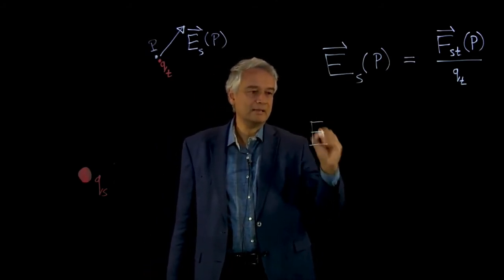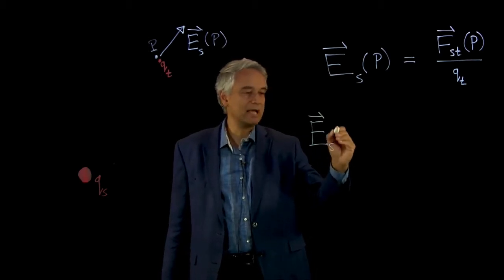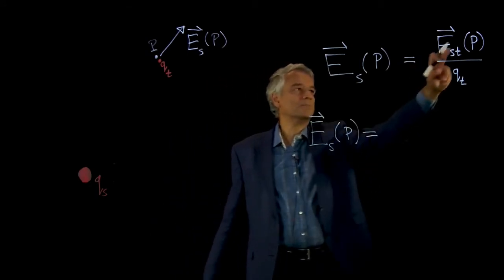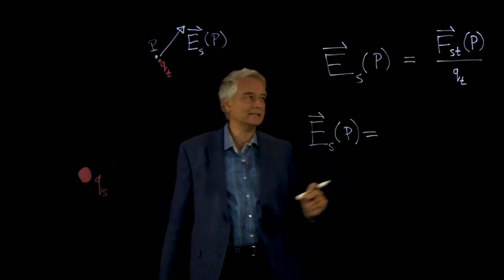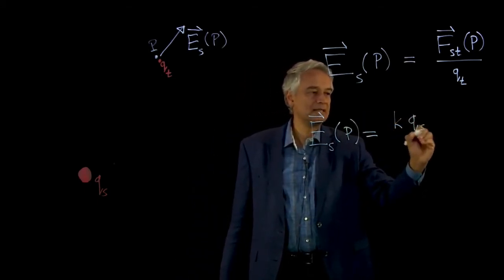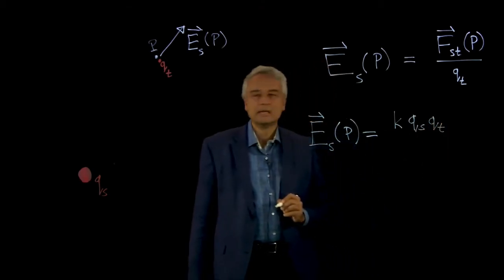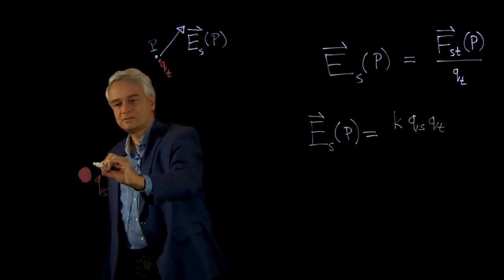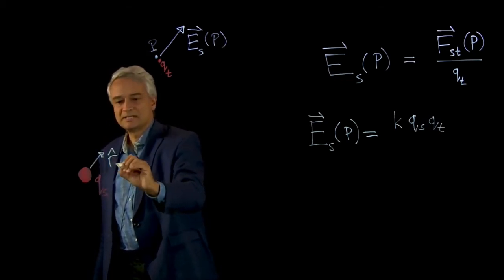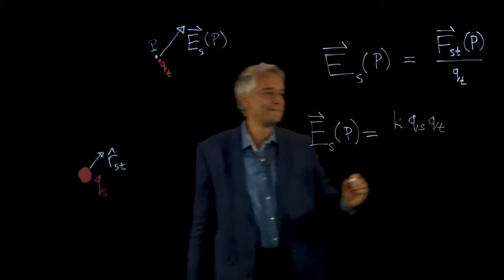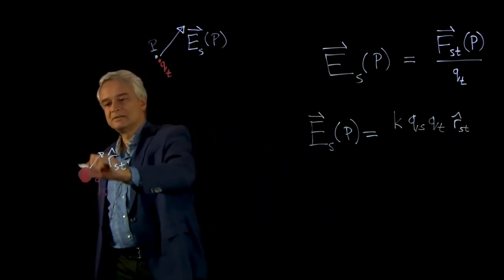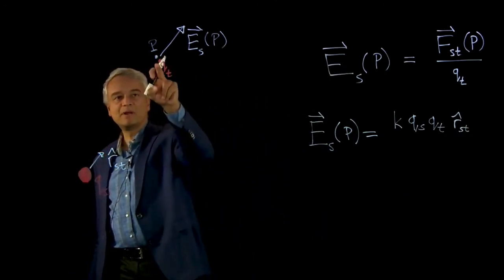So let me rewrite the electric field caused by the source S at the point P using Coulomb's law. Coulomb's law tells me that this F_ST is given by a fundamental constant K times QS QT times a unit vector pointing in this direction, the unit vector pointing from S towards T, divided by the distance between the source charge and the point P squared.